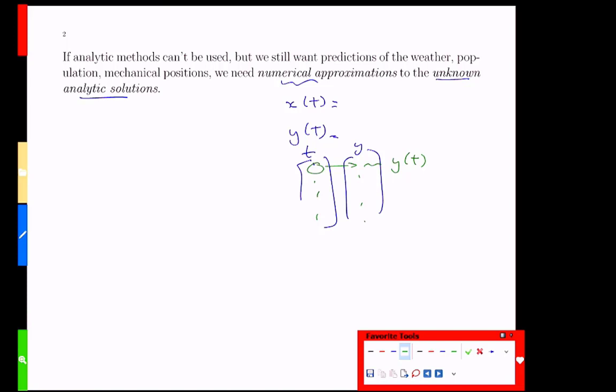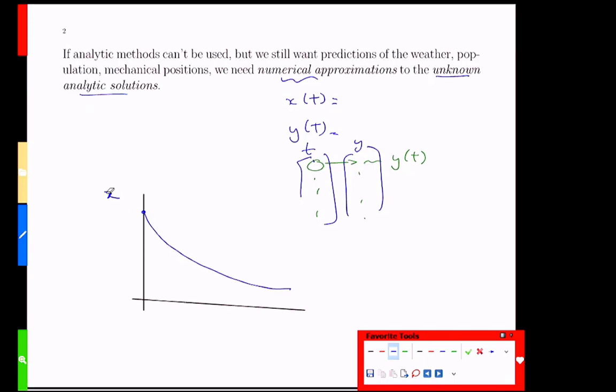But what's really there is actually a function. So the real answer is some honest-to-goodness, smooth graph that is, let's call it y versus t. What we're going to get is going to be some numerical straight line kind of fudging close to the line that is the right solution. So just keep those two ideas in mind.